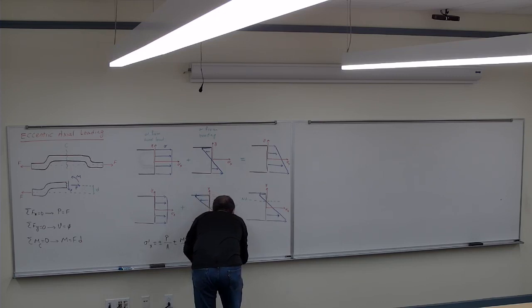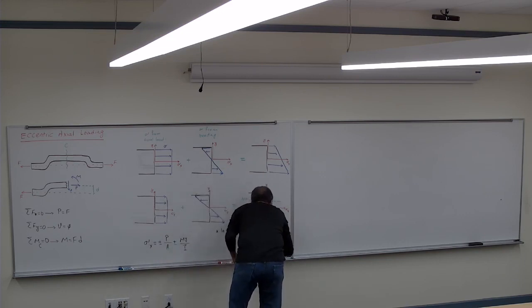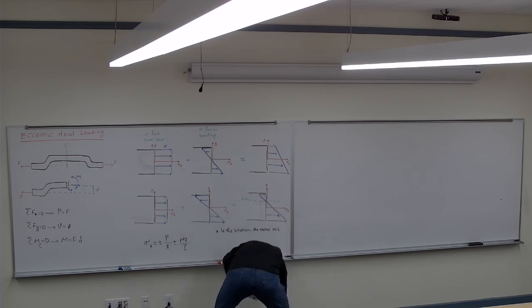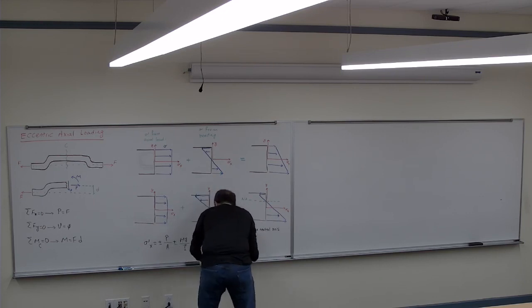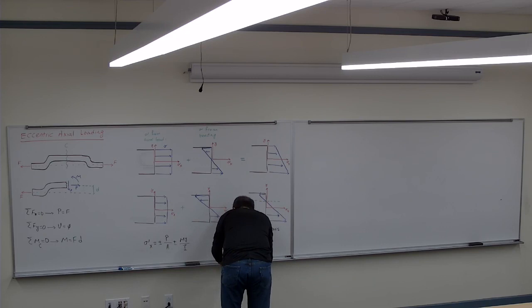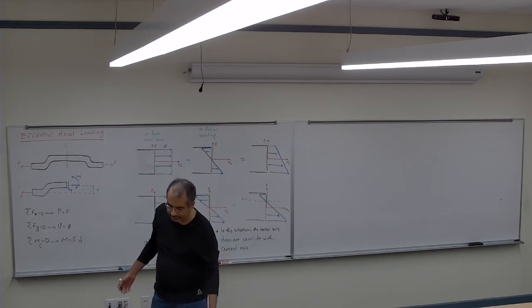In this situation, the neutral axis does not coincide with the centroid axis. Or in simple words, the neutral axis doesn't pass through the center.